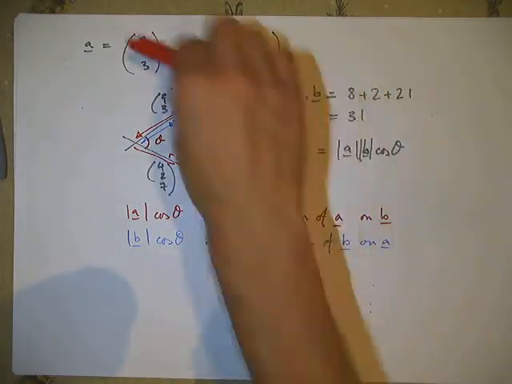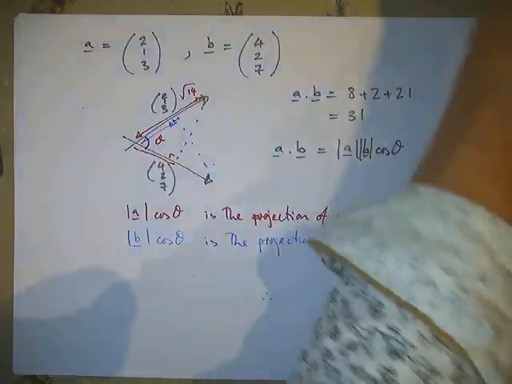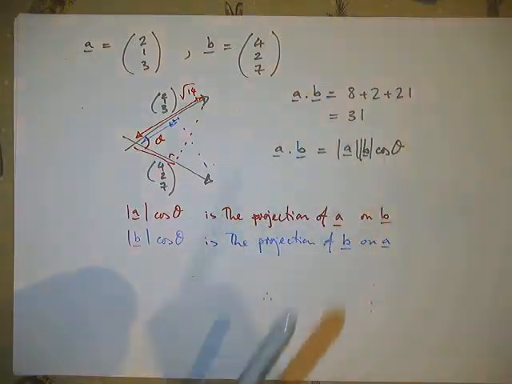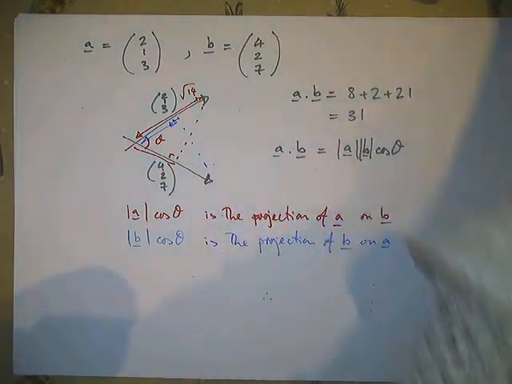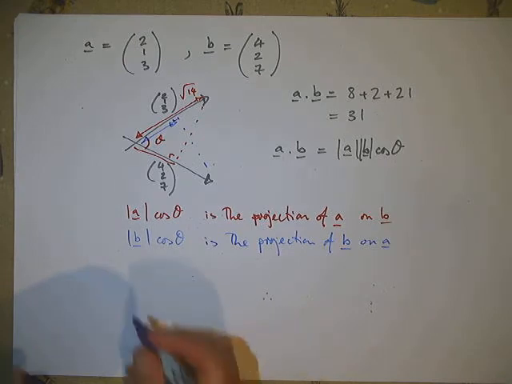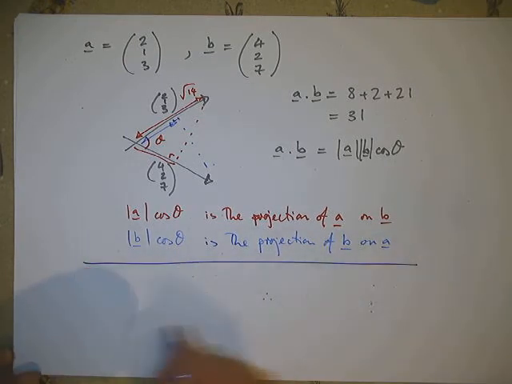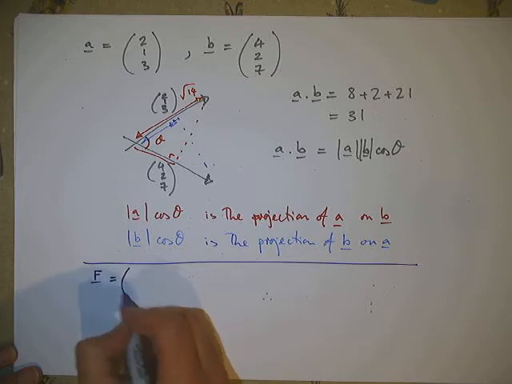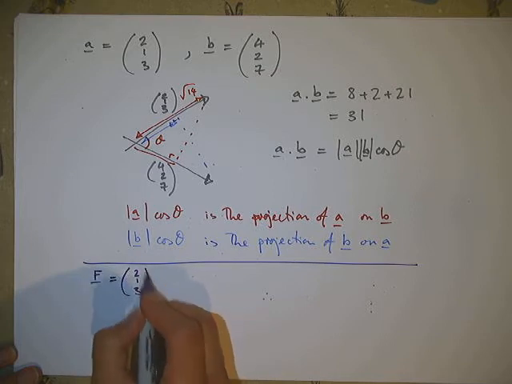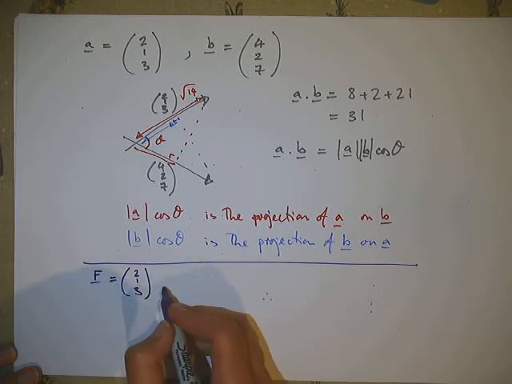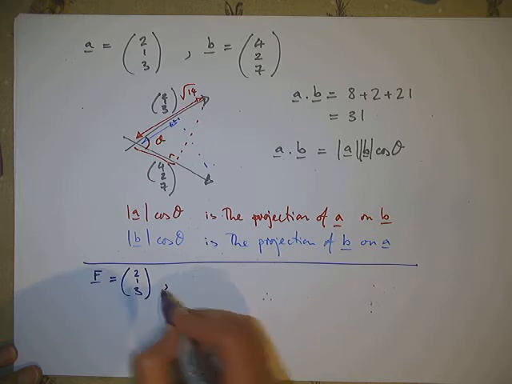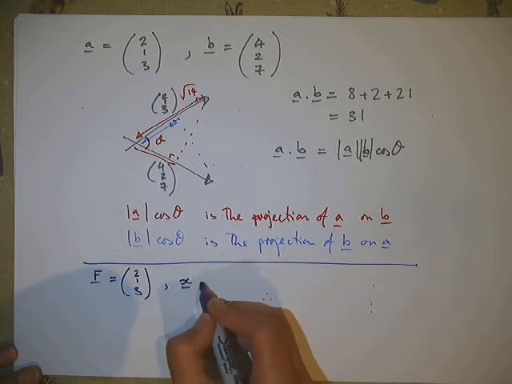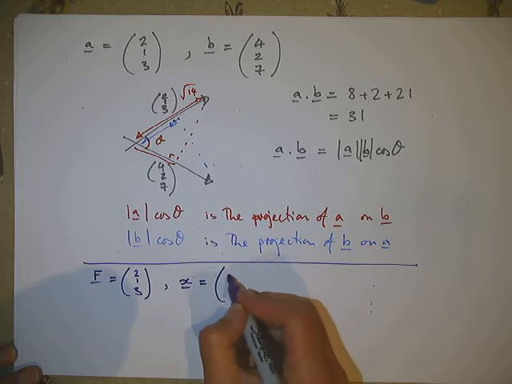Is there a use for this? There's a use for everything. Some uses are fairly arcane and unexplainable to understand them. This one I can explain. Let's say we had a force 2, 1, 3 and it was acting on an object as the object moved through this vector.